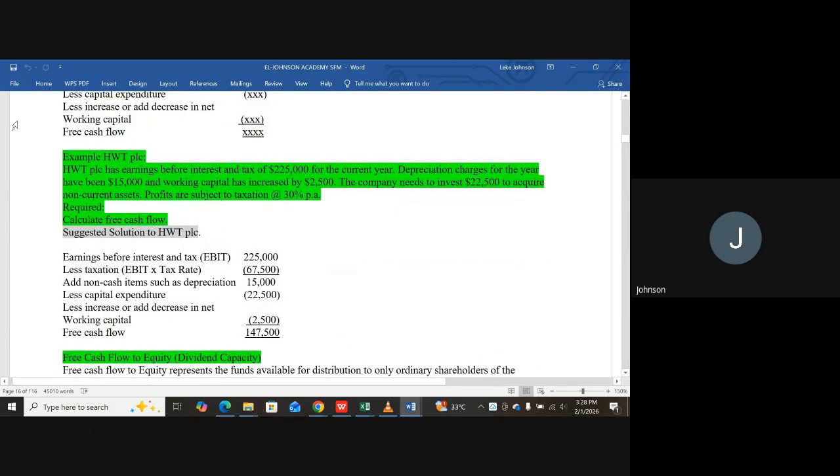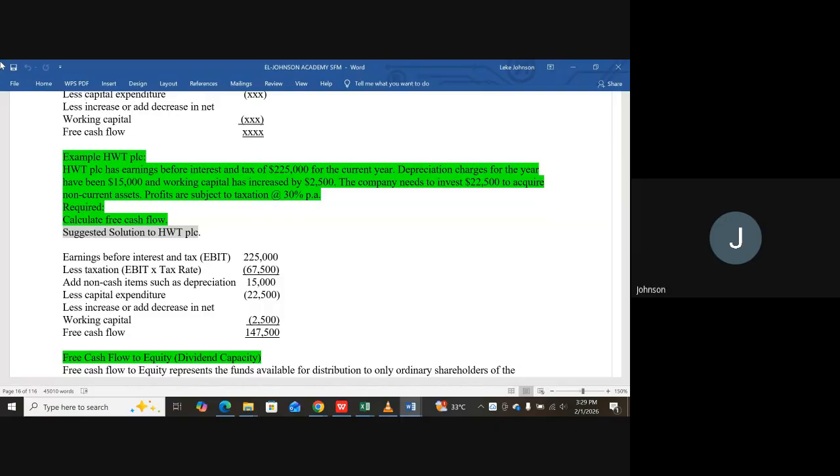So let's get it. They say HWT PLC has earnings before interest and tax of 225,000 for the current year. Depreciation charges for the year have been 15,000, and working capital has increased by $2,500.